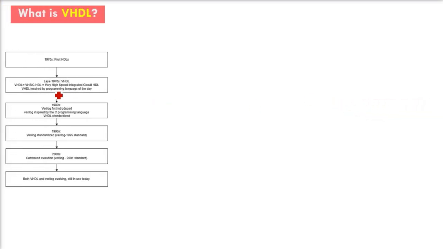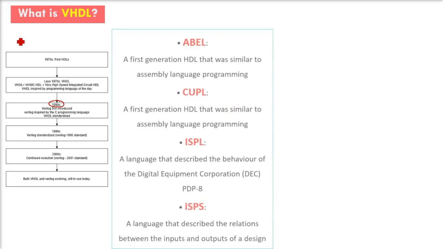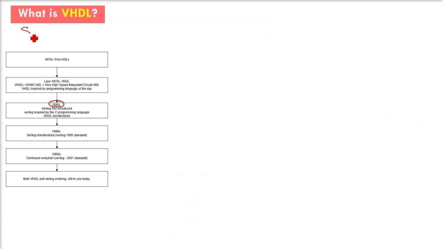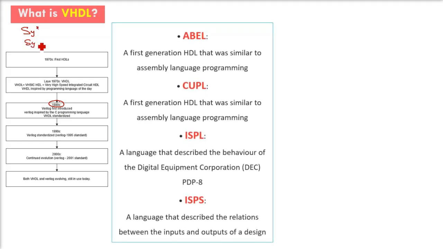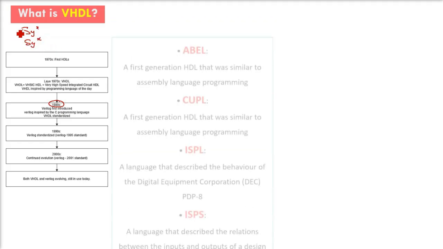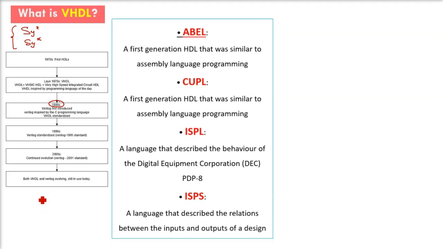In the 1980s, there were several different HDLs, hardware description languages, in use, but each had its own syntax and semantics, which made it difficult to exchange design information between different design tools and environments.